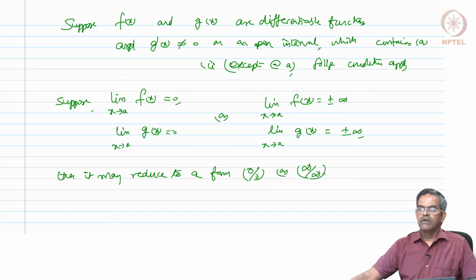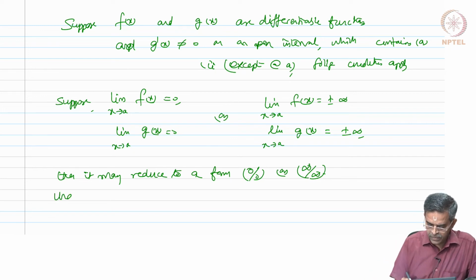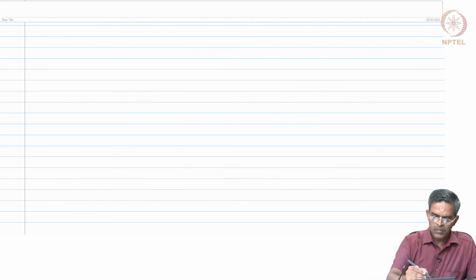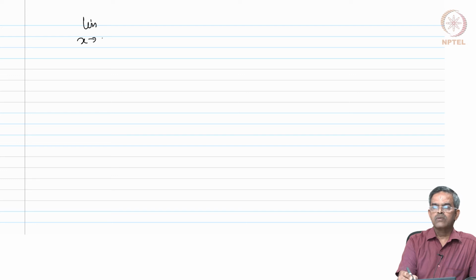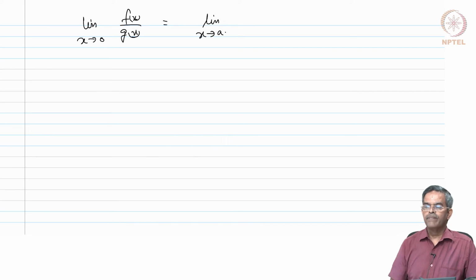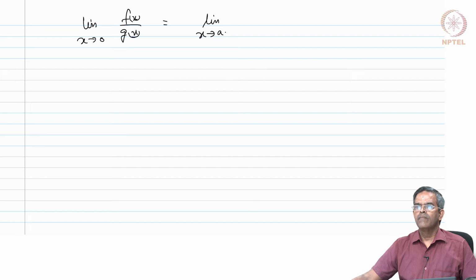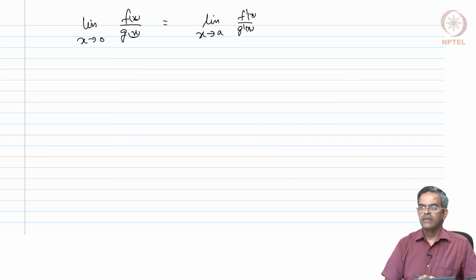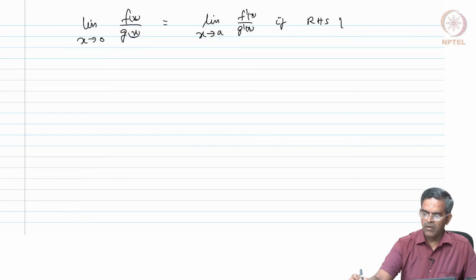Under such conditions, following equation is good. Limit x tends to A, f of x by g of x is equal to limit x tends to A, f dash of x by g dash of x, if the right hand side of the equation exists.